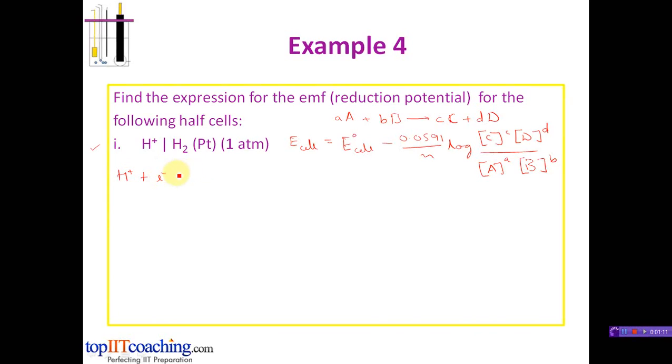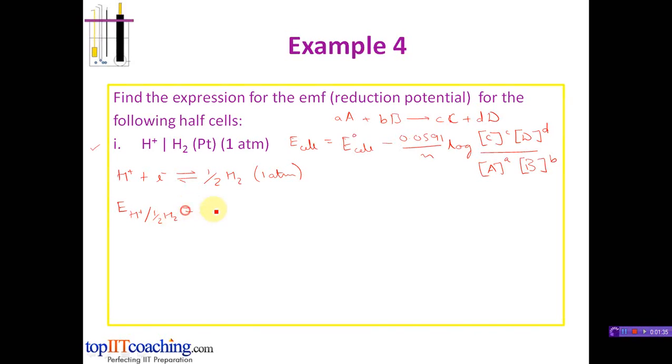For this half cell, we can write the half cell reaction as H plus plus electron will convert into half H2. This is the gas whose pressure is given to us, 1 atmosphere. Now this is a reduction reaction.